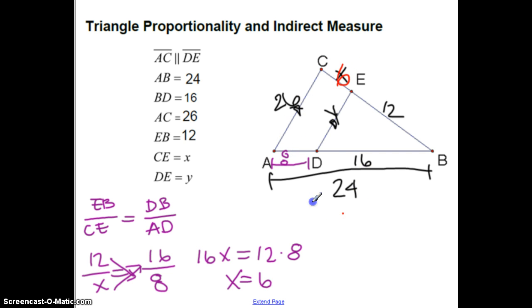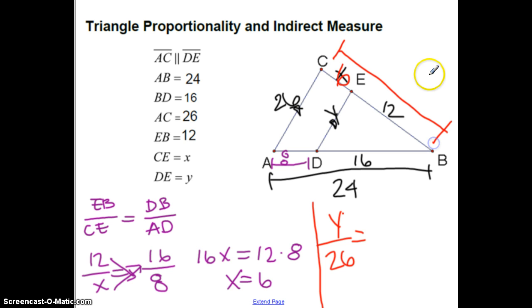I'm now going to set up my proportions with my big triangle and my small triangle again. I know that the base, or these two parallel lines, are proportional, so I'm going to have Y over 26. I took my small triangle and put it on top of my large triangle, so I need to stay consistent. This side is going to be 18, and then we look at this piece of my smaller triangle.